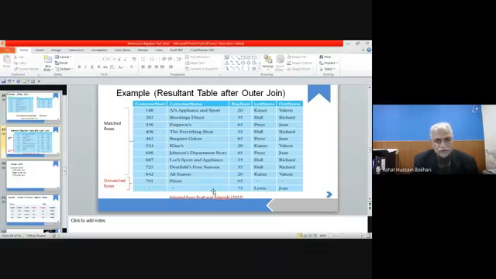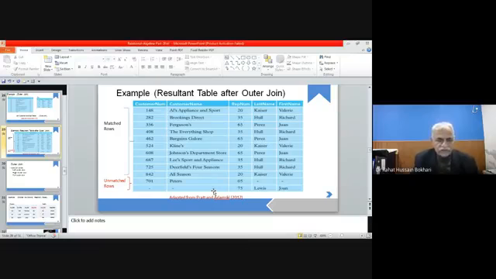So this is the outer join. Within this outer join, we have to do the cross product. Then after that, we have to see how the rows should be retained.